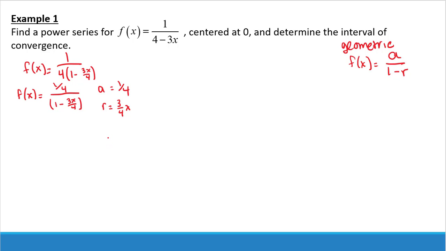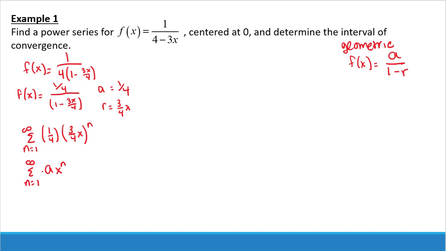So writing this now as a sum, to find the power series, we have our first term, because remember, our power series when we write it is going to look like a x to the n. So I need an x to the n.